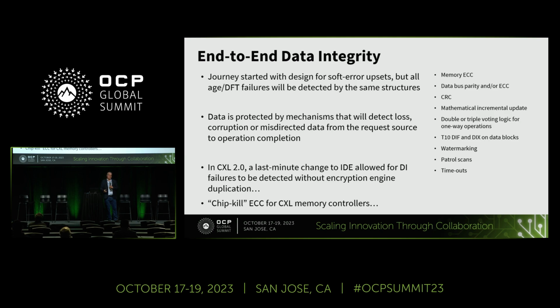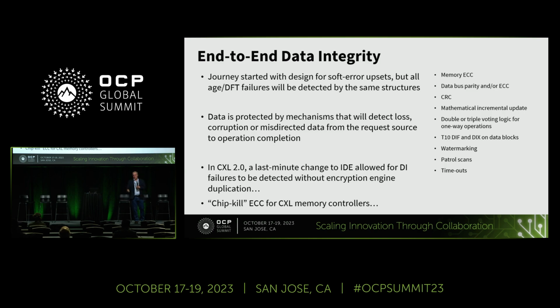Even in CXL, my team plus a few other companies said, with link encryption, IDE, you're going to force us to put two encryption engines per link to cover soft error events and data integrity for the encryption engine. The reason CXL.mem has a different IDE algorithm is that we watermarked the IDE algorithm with a minor change, which most people don't realize.